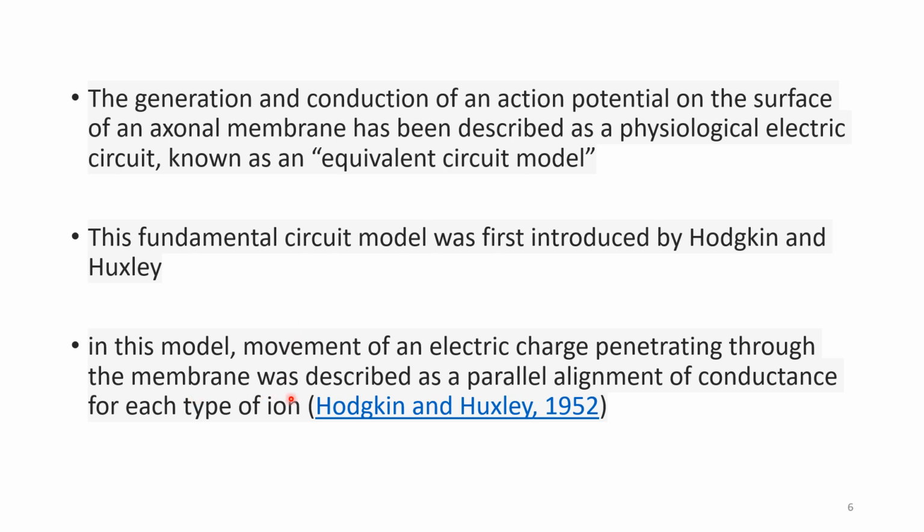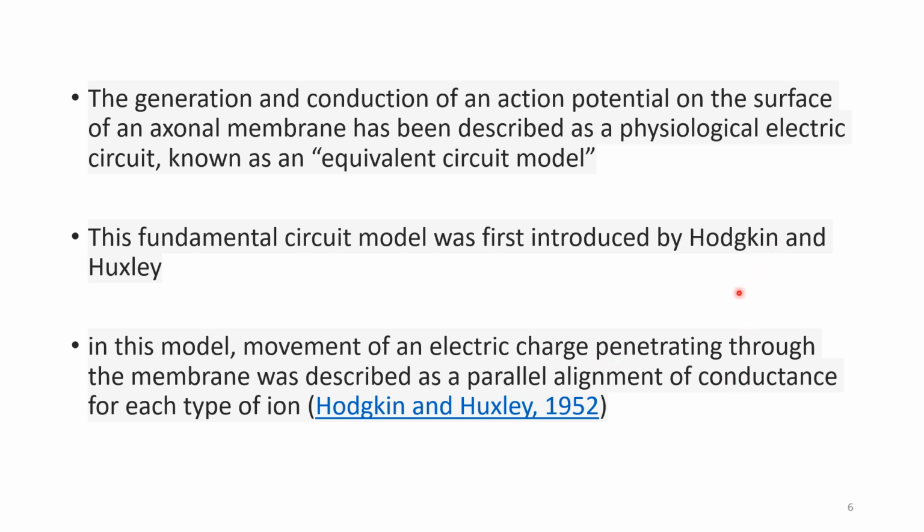In this model, the movement of an electric charge penetrating through the membrane is described as a parallel alignment of conductance for each type of ion. So how is the electric charge moving from outside to inside and then inside to outside?